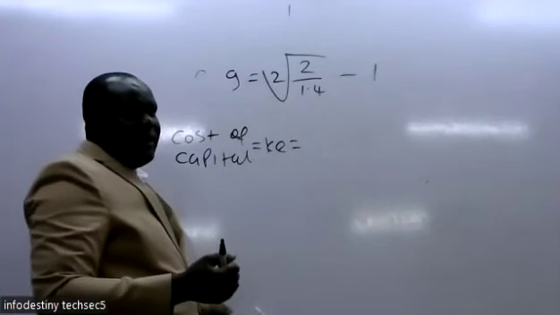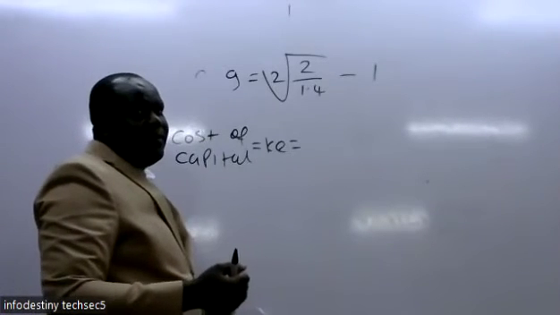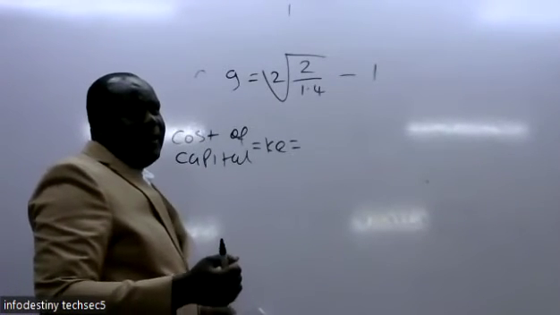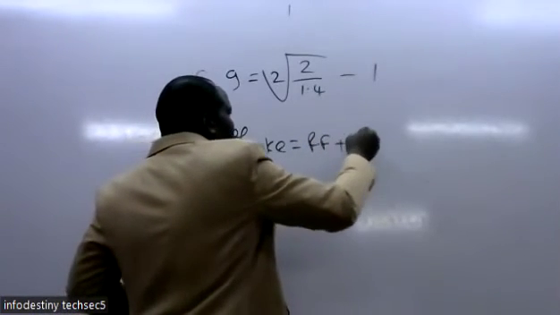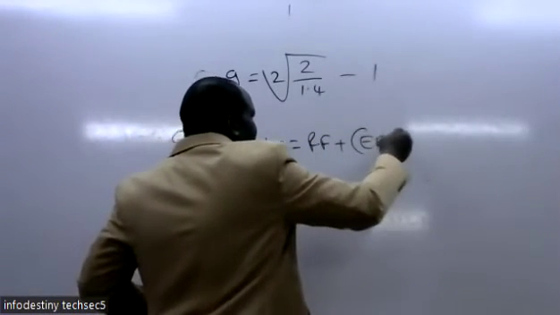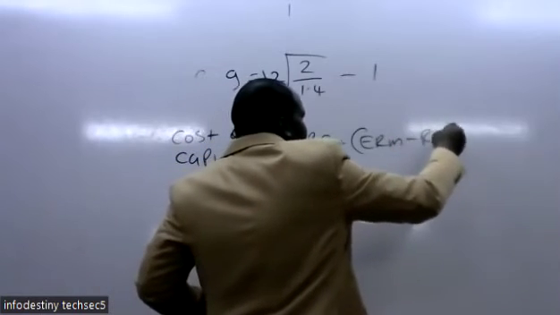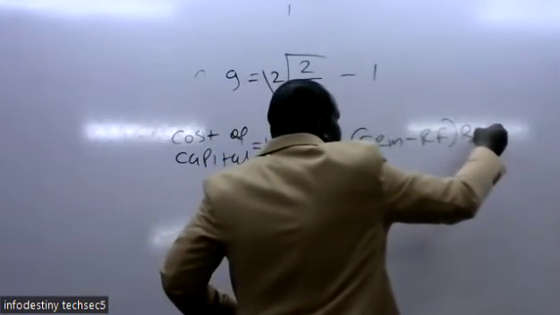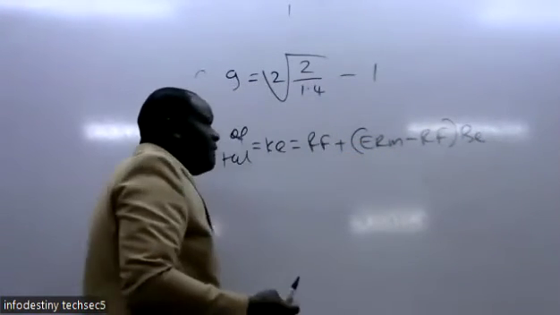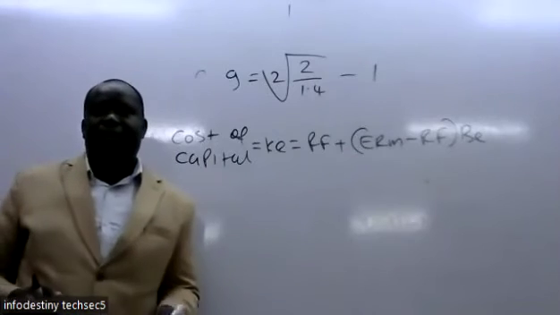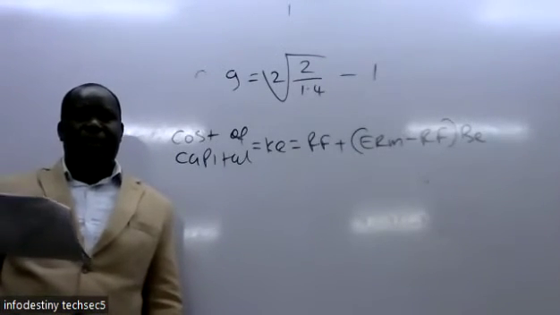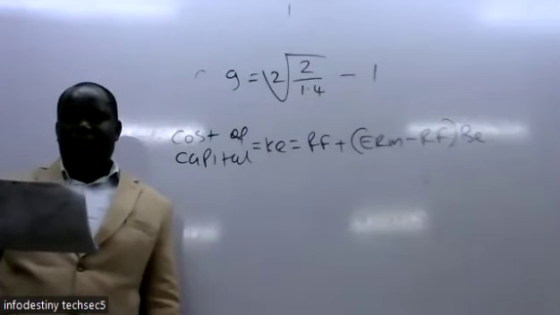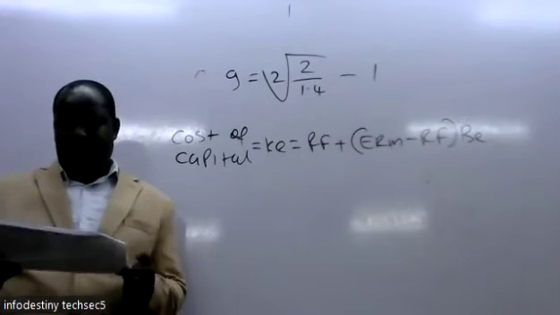It is given by CAPM: the risk-free rate plus the expected return for the market minus the risk-free rate, multiplied by the beta factor of equity.